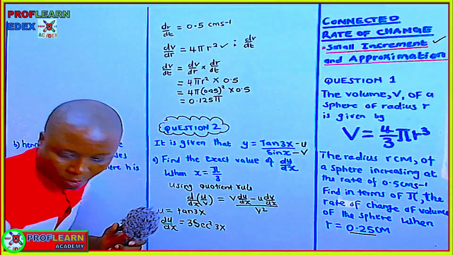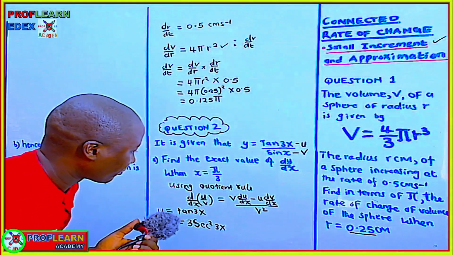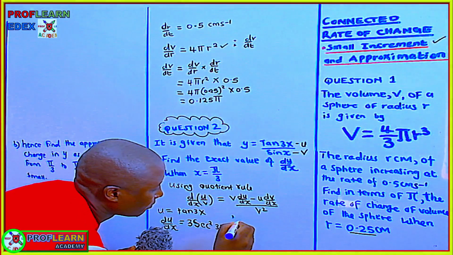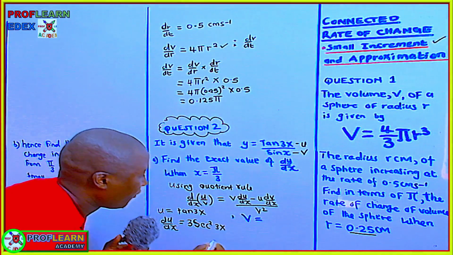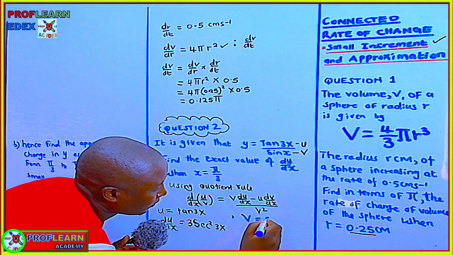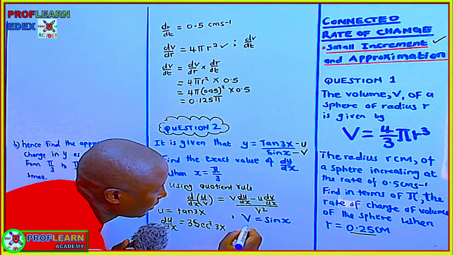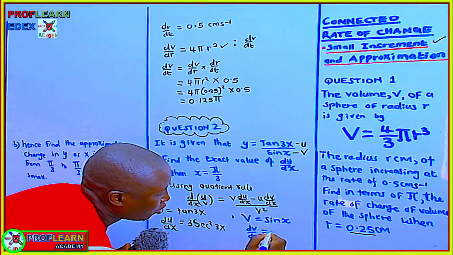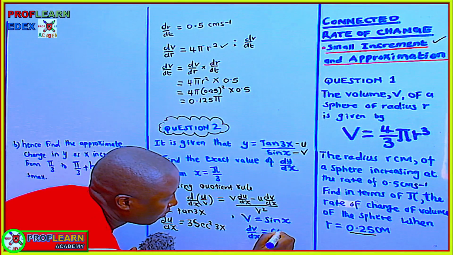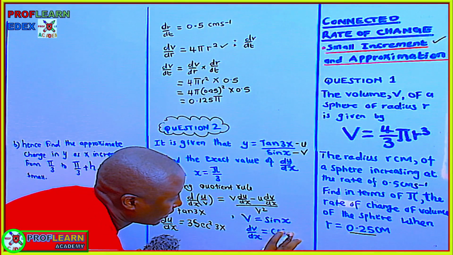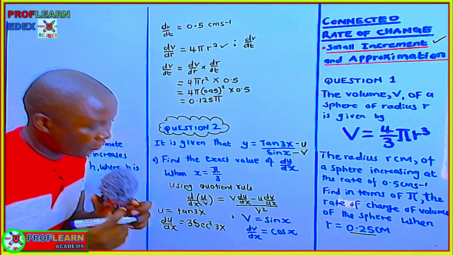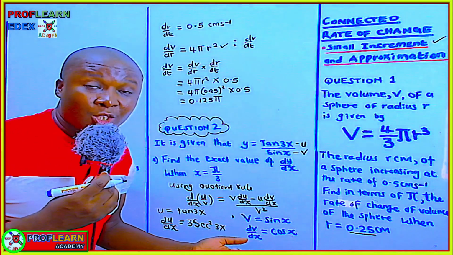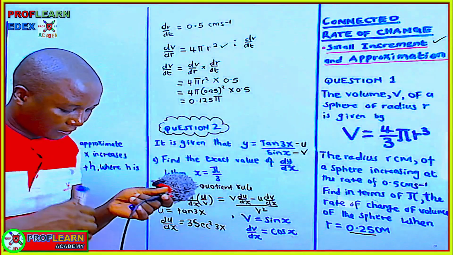Then also we have our v, and our v is equal to sine x, and dv dx is equal to cos x. So if you differentiate sine x, you are going to get cos x.